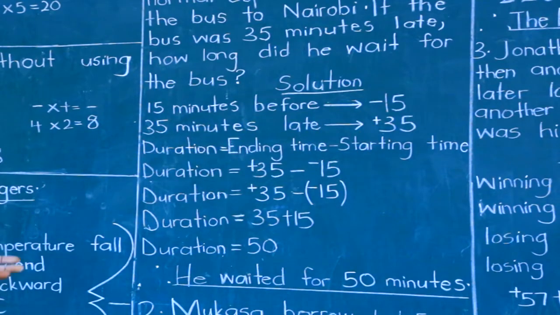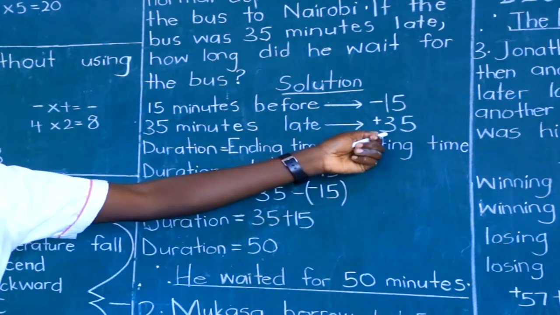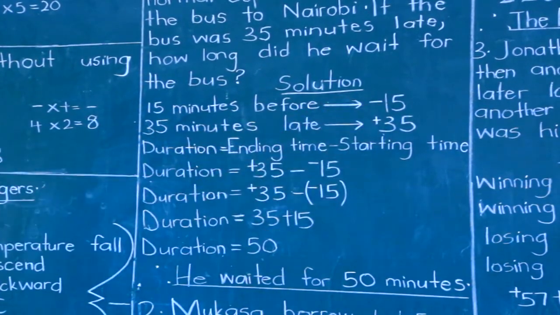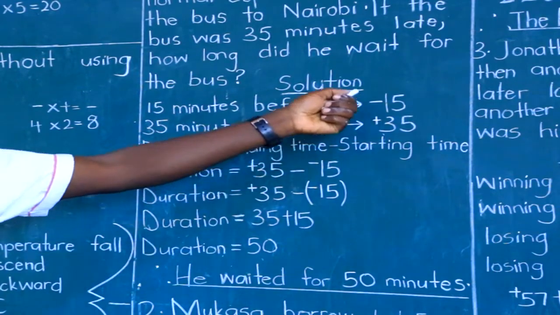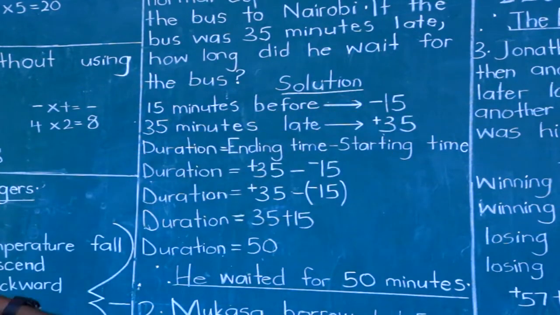And you know duration is equal to ending time minus starting time. So the end of waiting was positive 35, and the start of waiting was negative 15. So that is how you apply the subtraction of integers to find the duration in minutes.